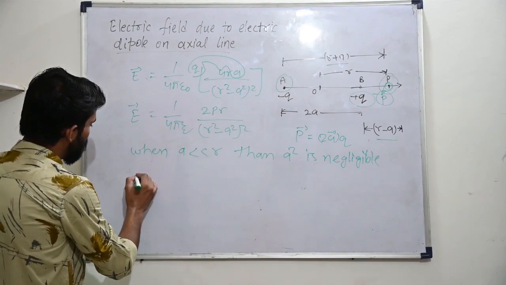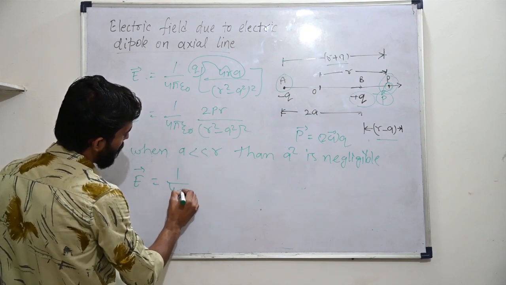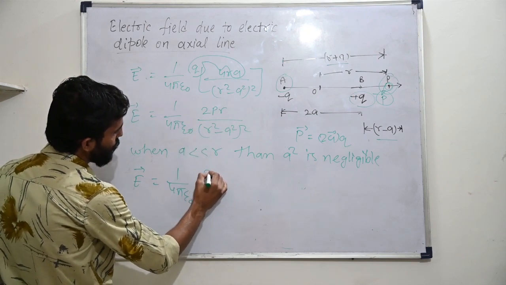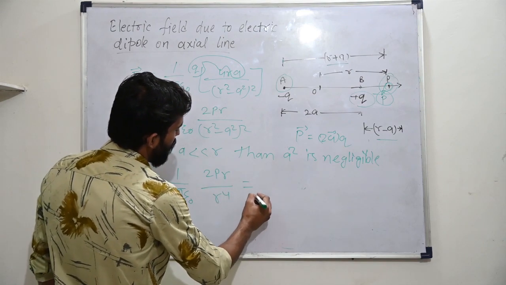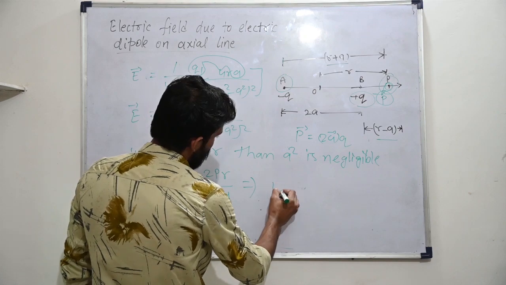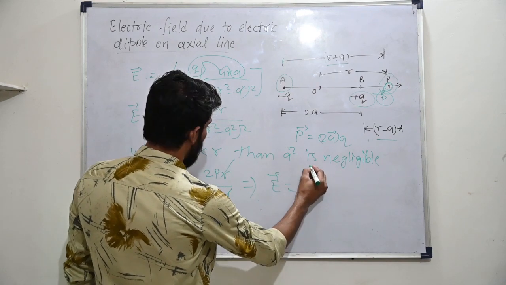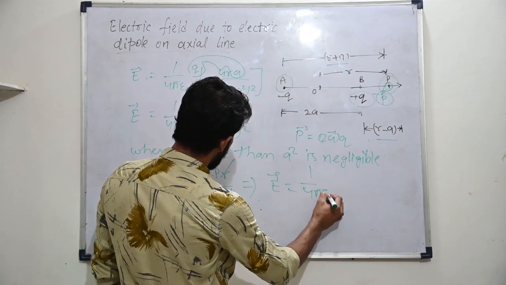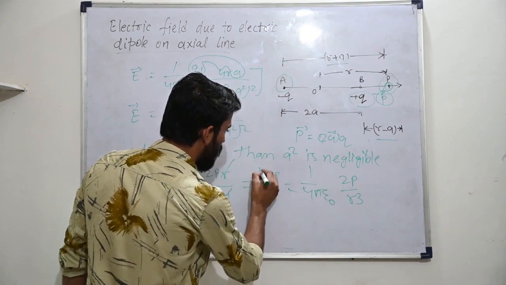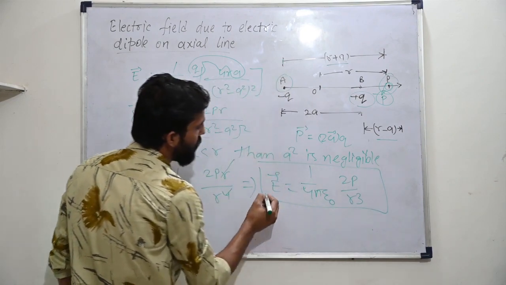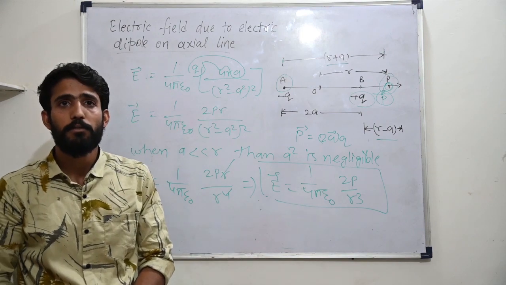So we can write the E vector equals 1 upon 4 pi epsilon naught 2 p r upon r to the power 4. So one power of r is cancelled: 1 upon 4 pi epsilon naught 2p upon r cube. This is the formula of electric field due to an electric dipole.